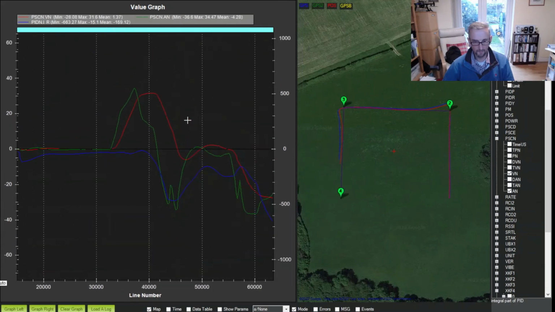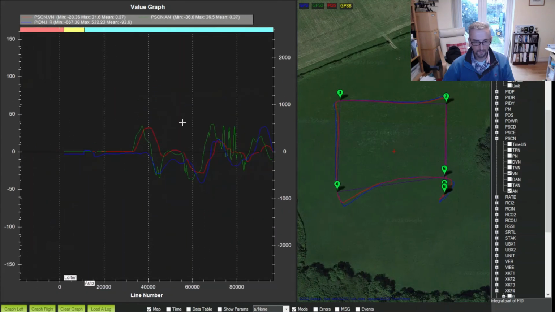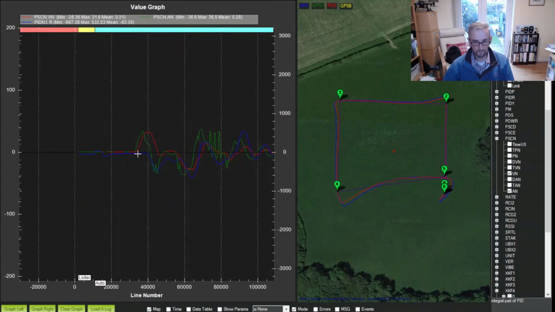But as you can see, as the copter goes around, this level I-term starts getting more and more out of whack. I suspect that's partly to do with the vibrations, but I also wonder slightly whether it's to do with the way that the thing is turning.